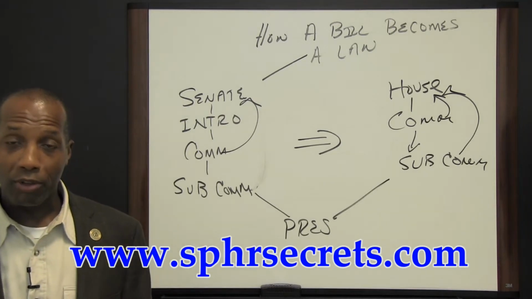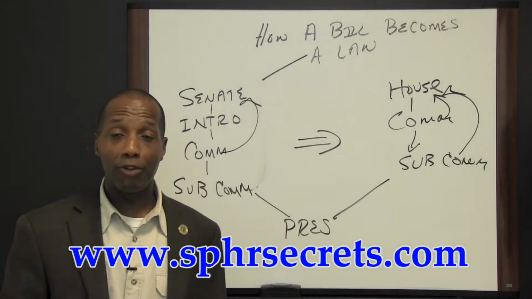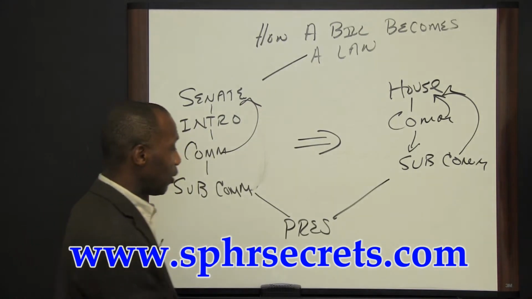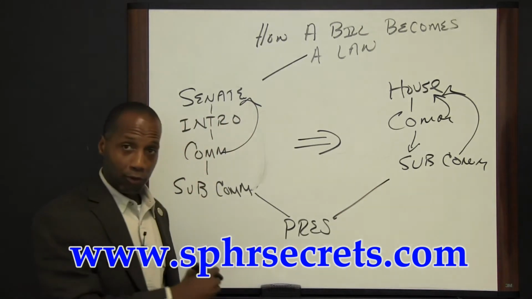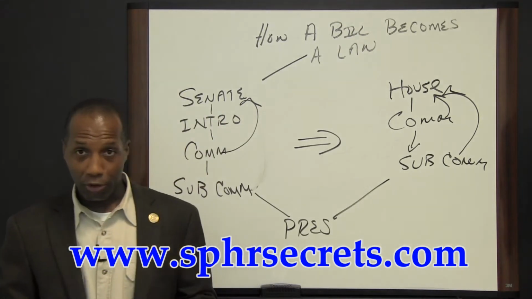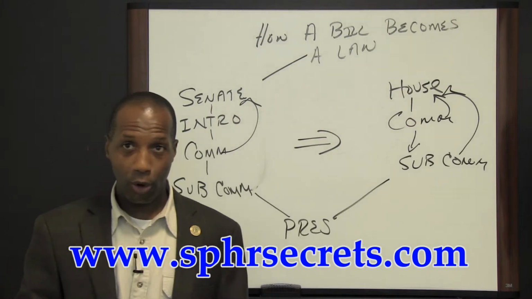If a majority of the members of the House believe that this is a good bill for the country and it's constitutional, it'll get the majority, and then it will come to the president for approval or veto. If not, it doesn't get the majority, it dies on the House floor.